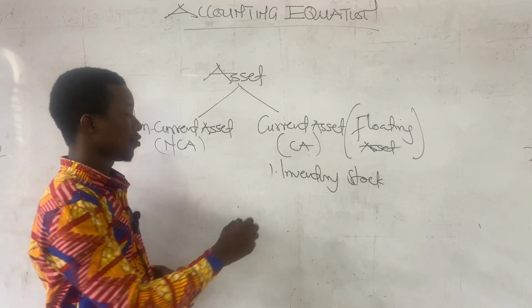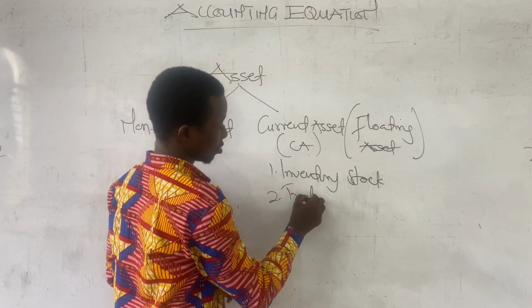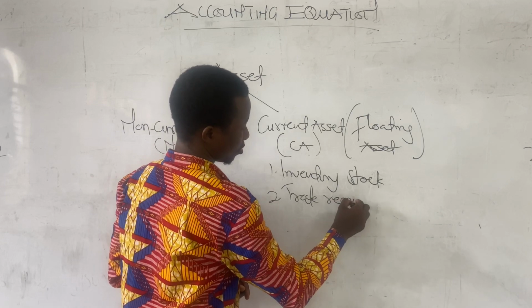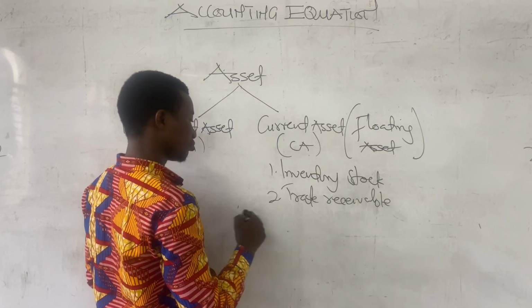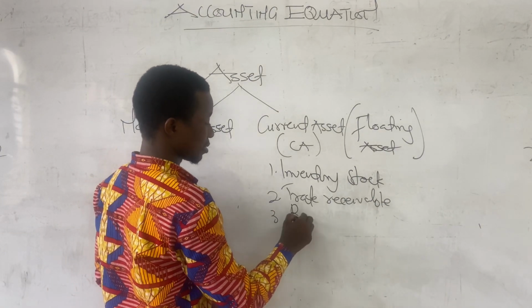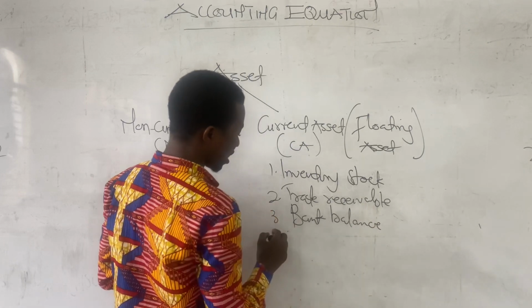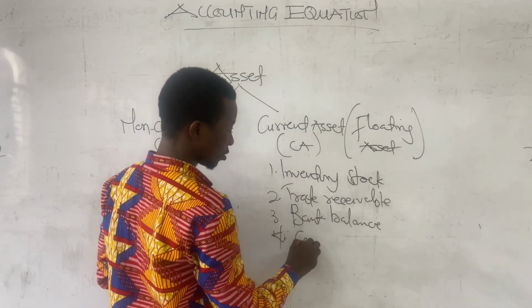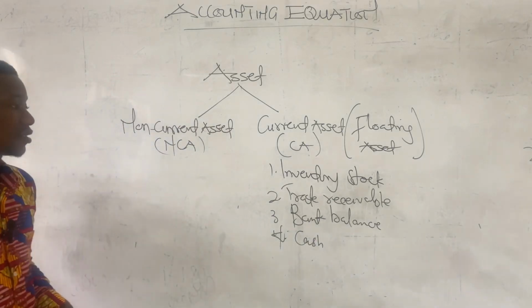Is that okay? And we also have trade receivables, bank balance, and the cash itself, cash balance or cash in hand.